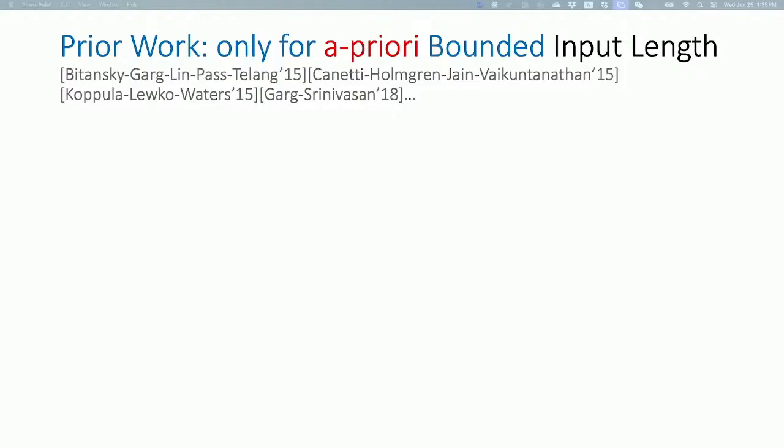However, all of the previous works constructing iO for Turing machines only work for an a priori bounded input length. So which means in those works, the obfuscator needs to set an a priori upper bound on the input length, and the obfuscated program can only work for input lengths shorter than this upper bound.